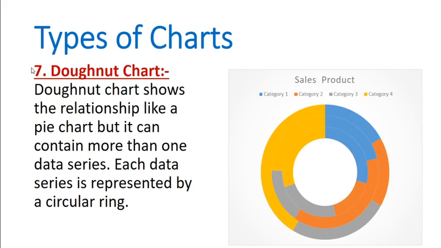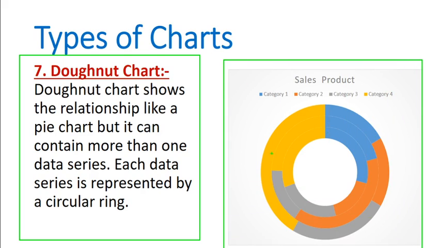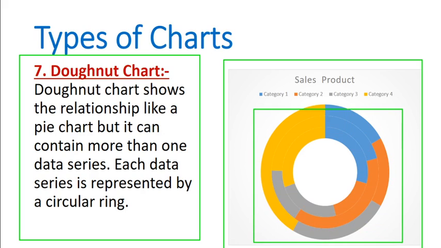The seventh type of chart we can see here is a Doughnut chart. Doughnut charts show the relationship like a pie chart, but it can contain more than one data series. Each data series is represented by a circular ring. It is somewhat like a pie chart.